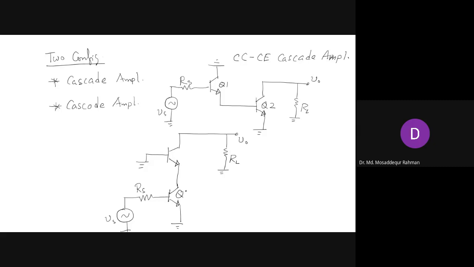So that is our Q1, that is Q2. This is our common emitter configuration. What is the configuration of this one, Q2? It's common base. Right, so that is common emitter and common base. So this is called the common emitter, common base cascode amplifier.